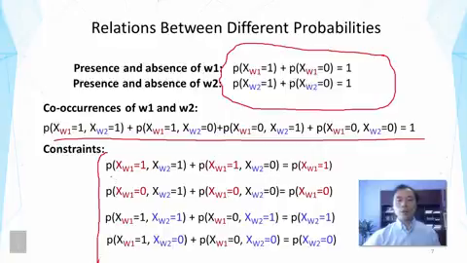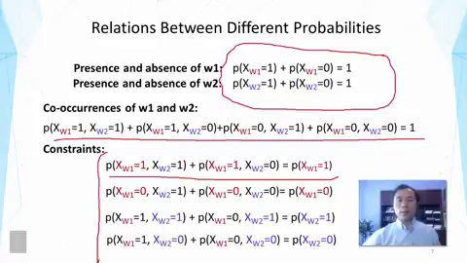For example, this one means if we add up the probability that we observe the 2 words occurring together and the probability that the first word occurs and the second word doesn't occur, we get exactly the probability that the first word is observed. In other words, when the first word is observed, there are only 2 scenarios, depending on whether the second word is also observed.